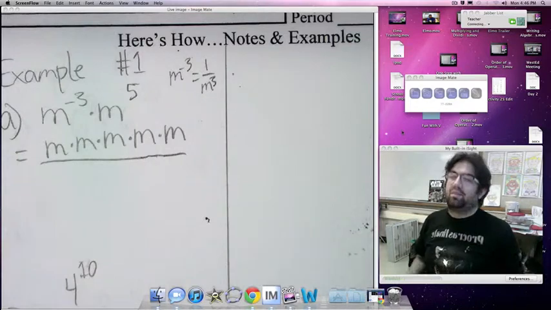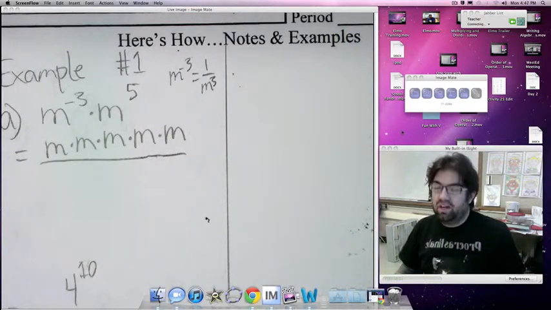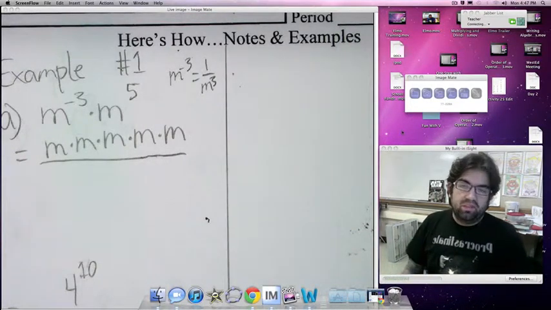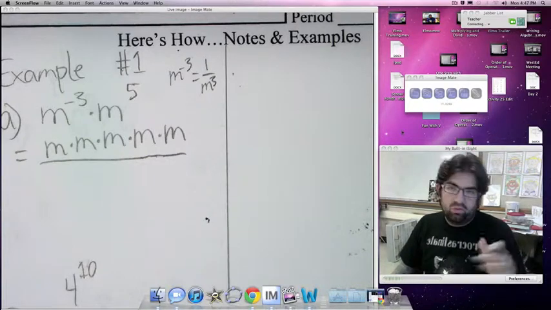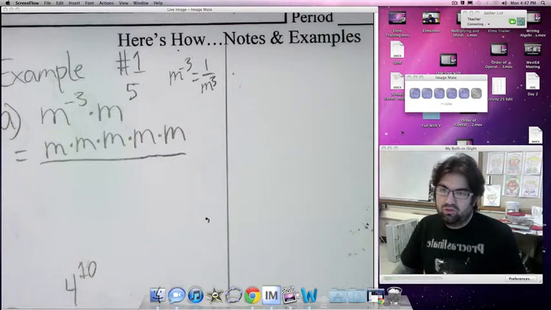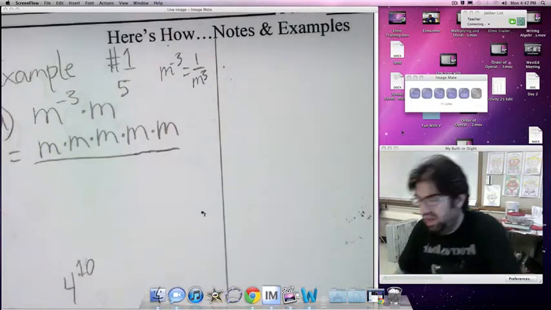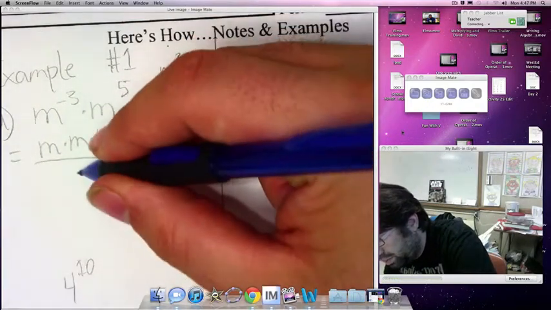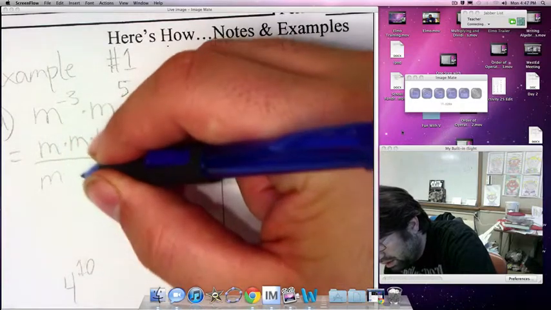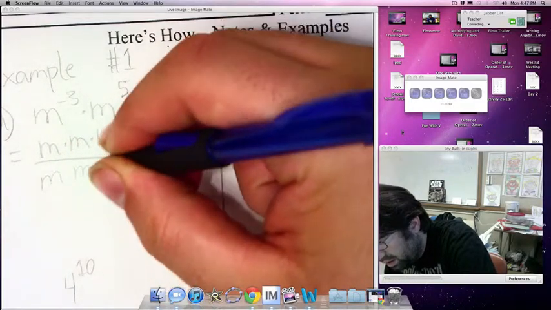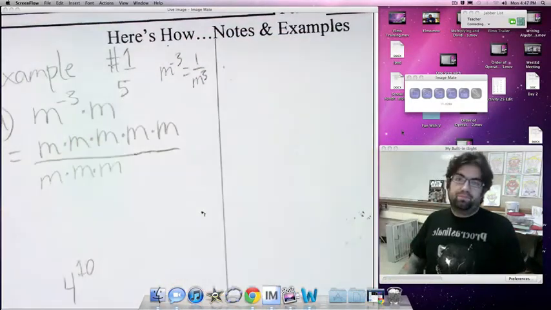I know that's going to happen because it's a negative exponent. What that basically means is it's going to end up in the denominator, and if we multiply straight across, they're just going to go in the bottom. So when I see negative 3 on a multiplication problem like this, I'm going to put the 3 m's, m, m, and m in the denominator.